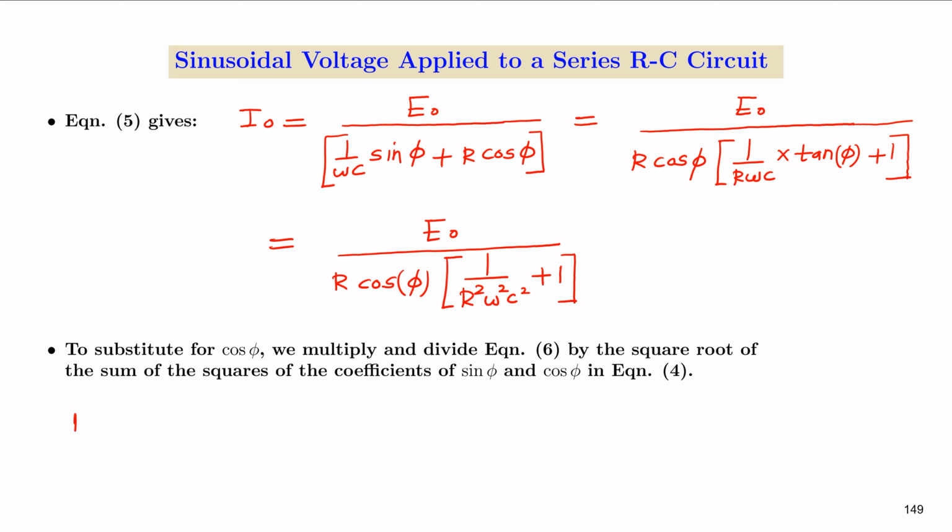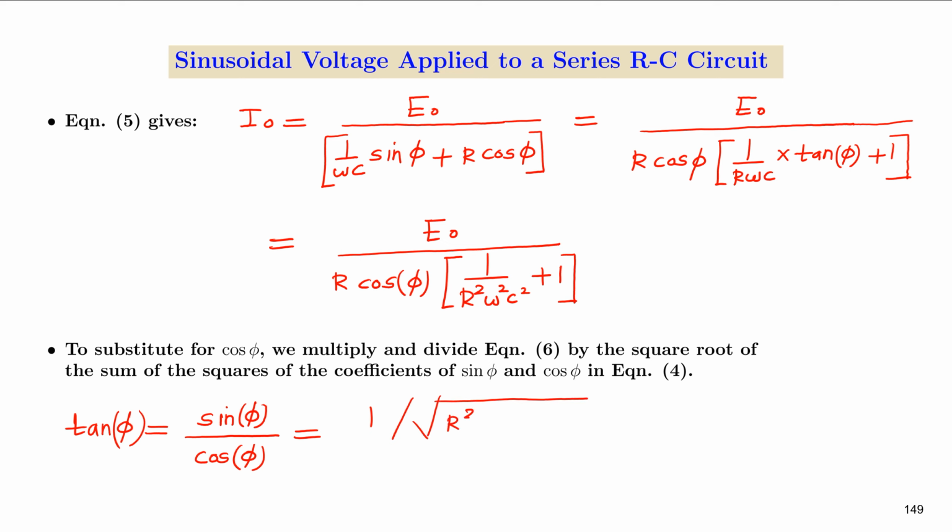When we perform that, we'll get tan phi as equal to sin phi over cos phi, and that is equal to 1 over square root of r square plus (1 over c omega) the whole square, divided by r omega c divided by square root of r square plus (1 over c omega) the whole square.